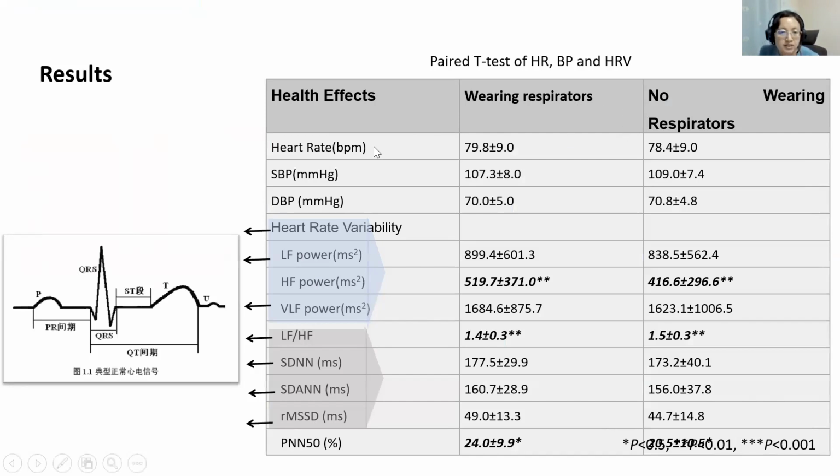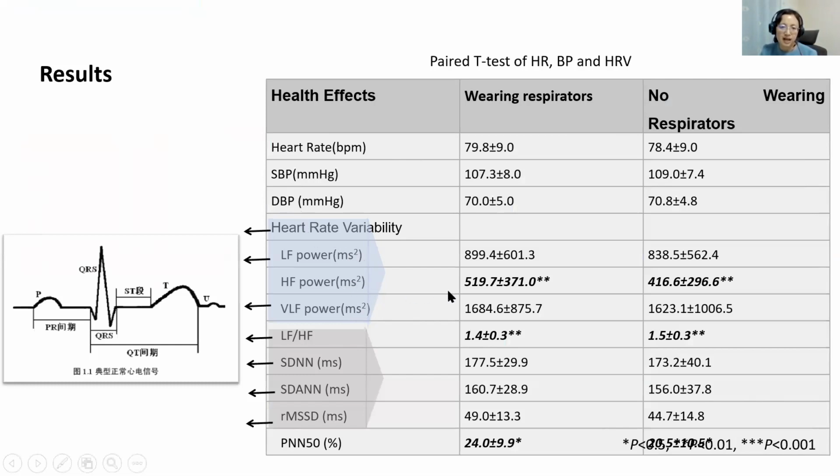The health indicators we measured included heart rate, blood pressure, and heart rate variability. A higher heart rate variability is an indicator of relatively better autonomic heart function. There are also lots of different indicators to calculate heart rate variability.